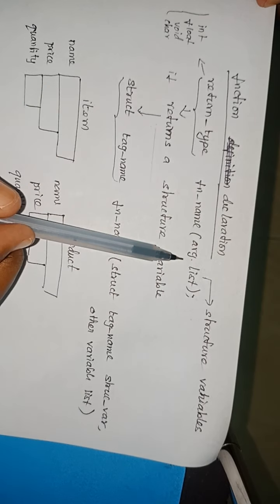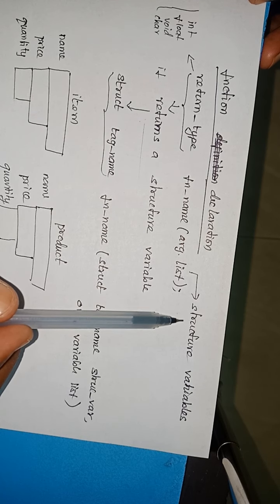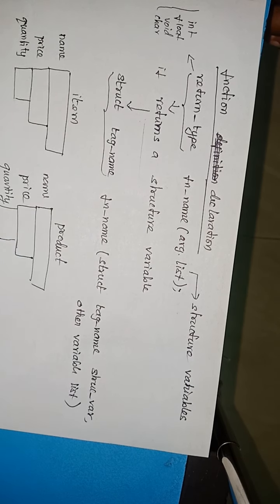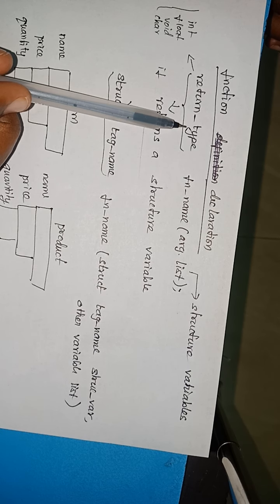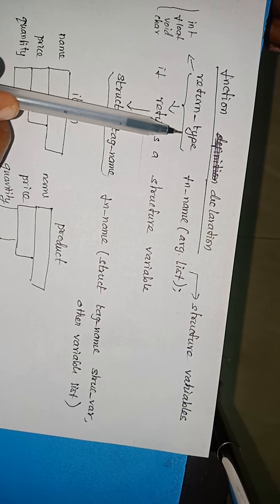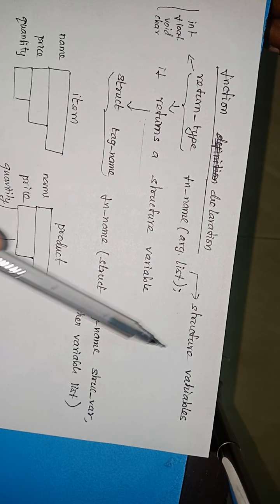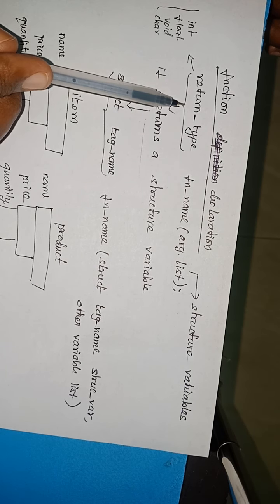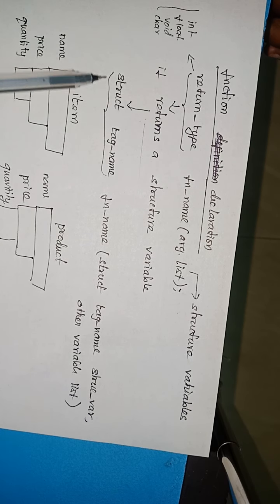Suppose I want to send a structure variable as the argument and I want to get back structure values. Then whenever the argument list contains a structure variable, and if I want to return a structure variable, the return type takes a different form.